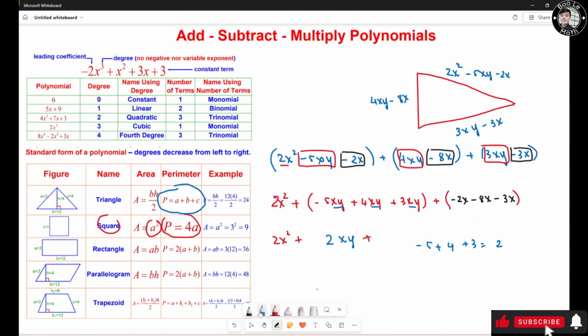Plus, now the last one, I have s, I just write s, right? Negative 2 minus 8 minus 3, right? So they all have the same sign. I just add them up and keep the same sign, right? So 2 plus 8 equals 10, 10 plus 3 equals 13. So it's going to be negative 13, right? Now, if you see the plus sign and the negative sign next to each other, the answer must be a negative sign. So I just put the subtraction sign right here. And this is my final answer.